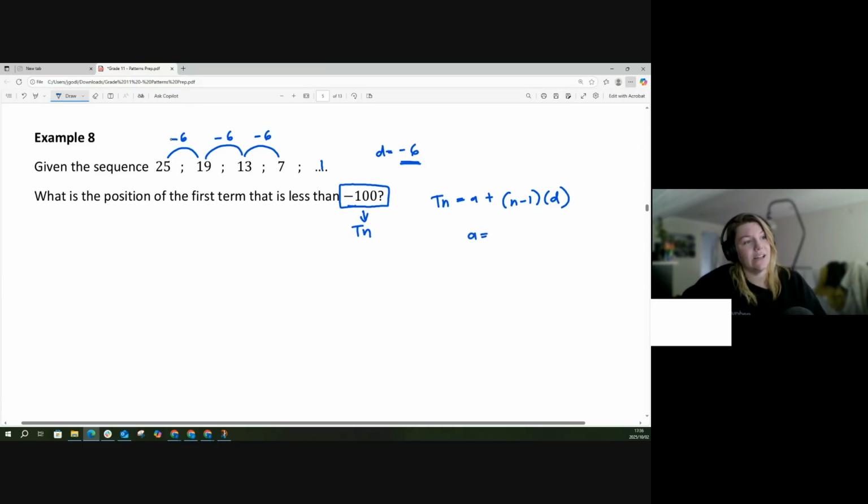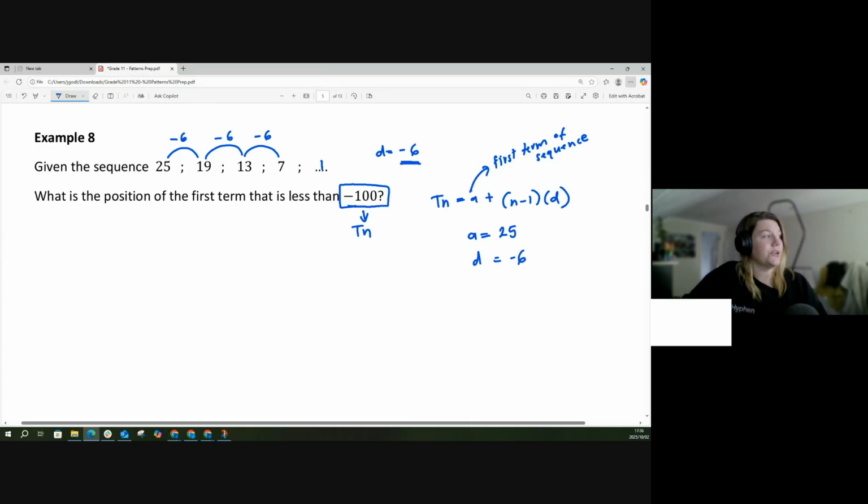You can tell me what your A is. A is your first term of the sequence. It's 25, and our common difference here is -6.